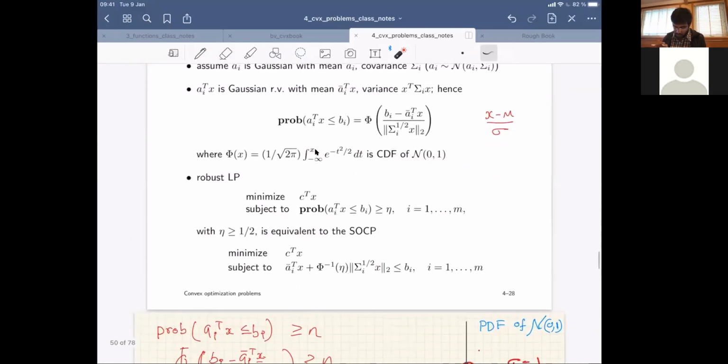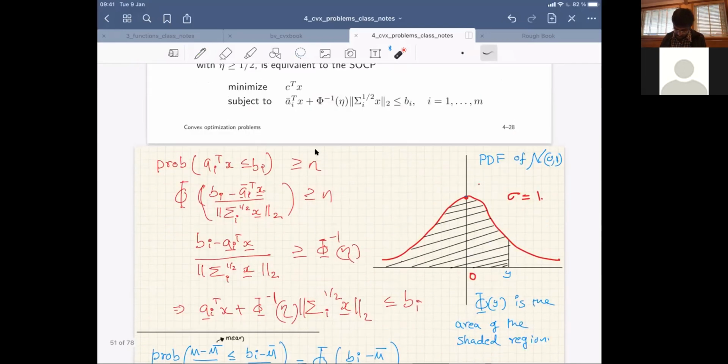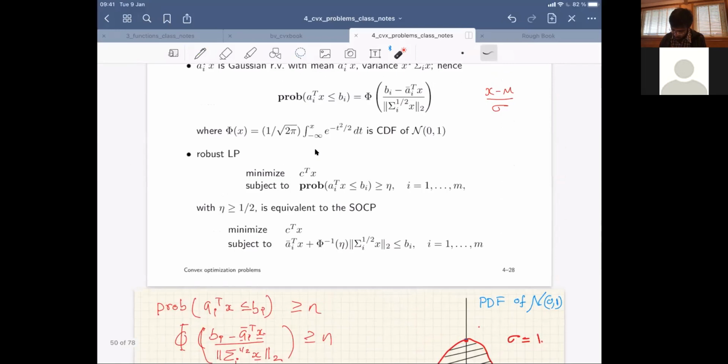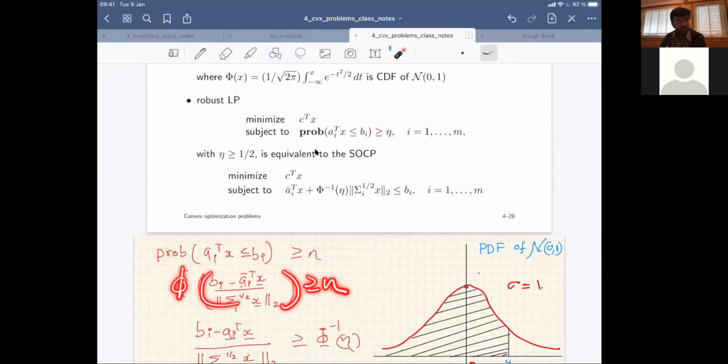Now, how do you write the SOCP associated with this problem? This was our original problem, where the constraint is satisfied with probability greater than eta. This means phi of this quantity is greater than or equal to eta.